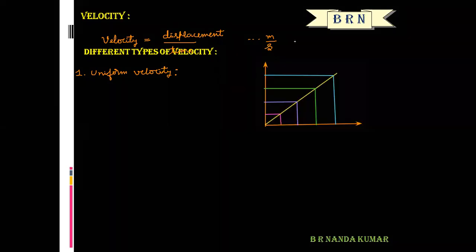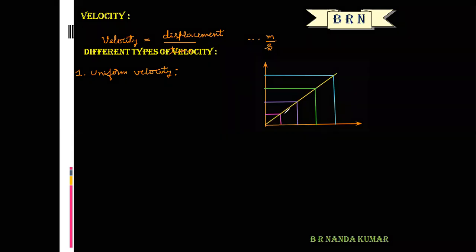So here, first let us consider a graph of displacement versus time. After that, let us choose the scale. This is the x-axis and this one is the y-axis. On the x-axis, 1 unit is equal to 1 second. The time is measured in terms of second.